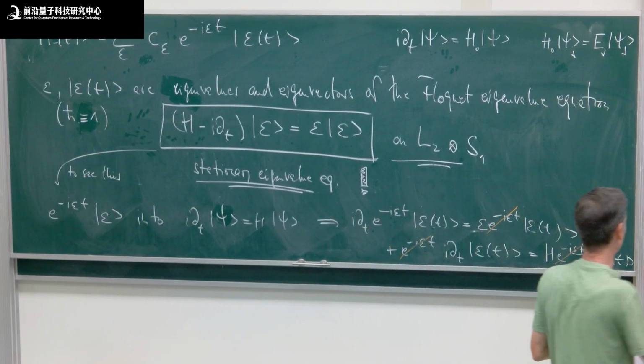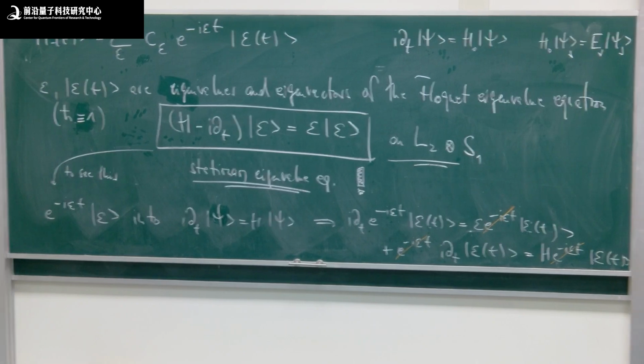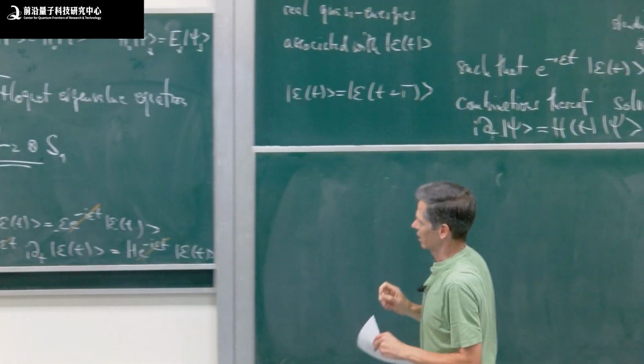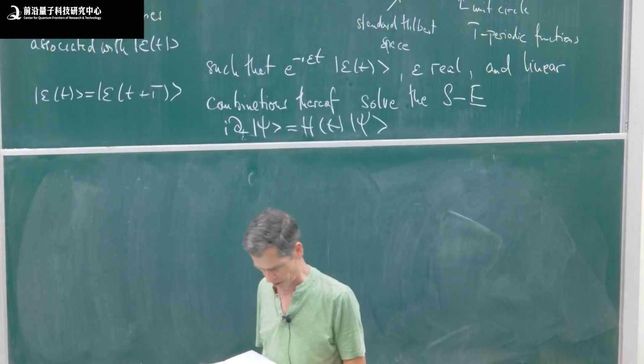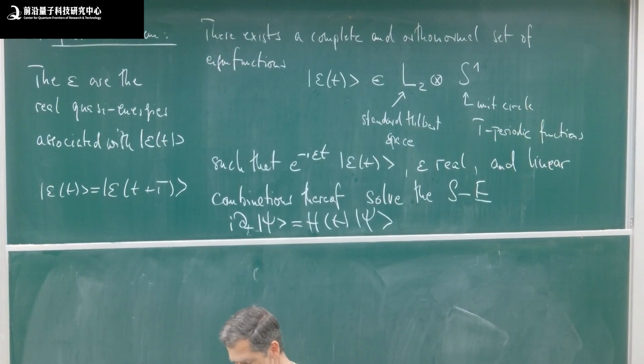So the first thing is, the last statement of this I could put here still. The epsilon of t inherit this periodicity of the drive. So you can also put this as an additional statement in the Floquet theorem, but it's coming from these periodic time boundary conditions.